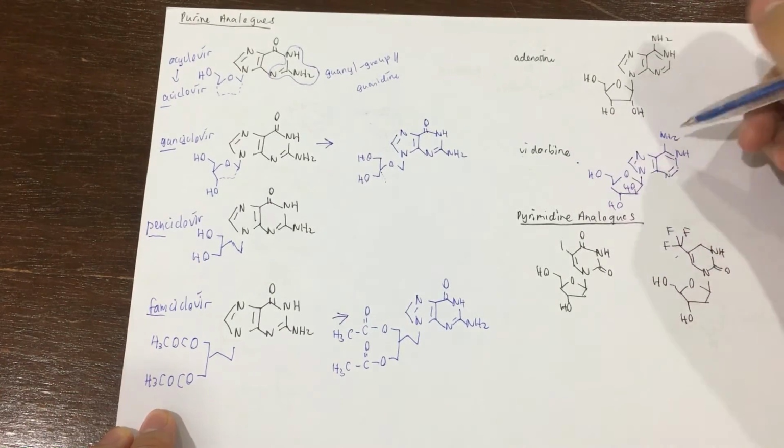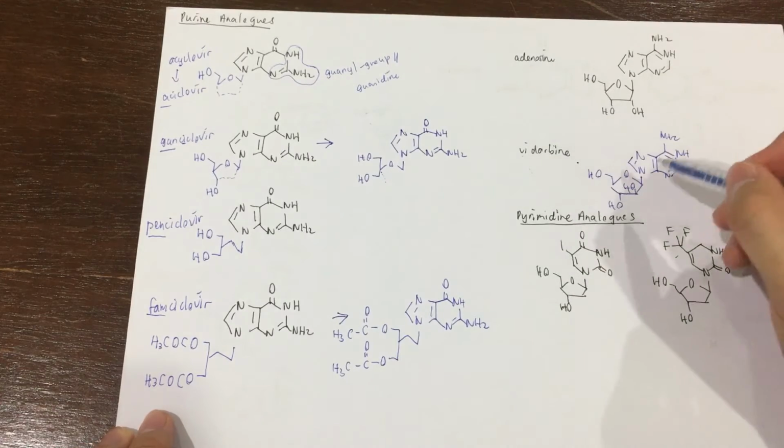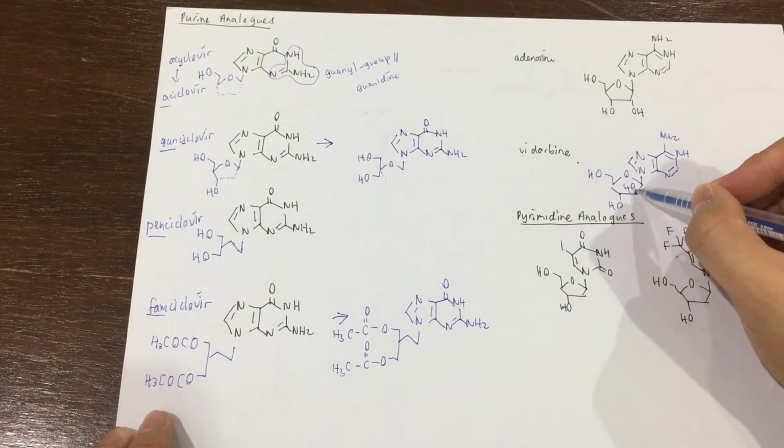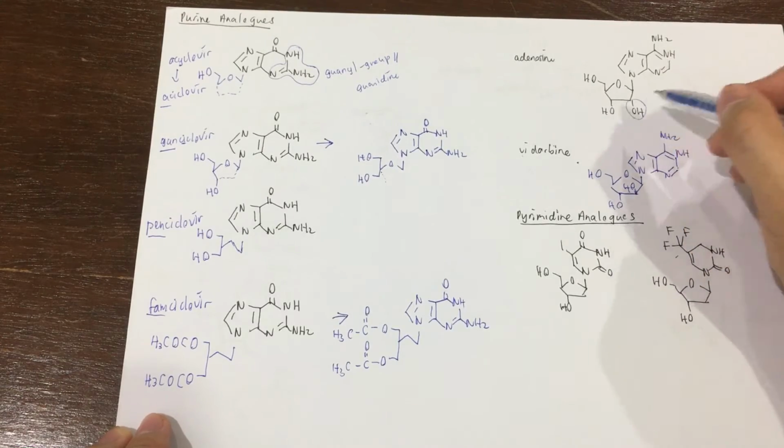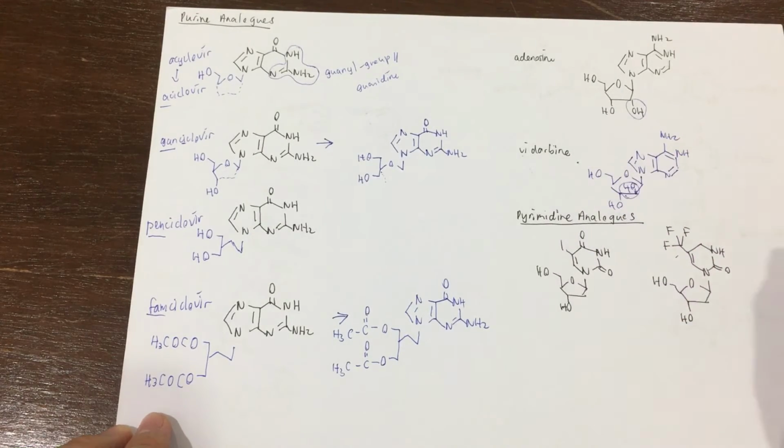Okay, pretty much similar, right? Except the fact that the OH here is actually upwards. Okay, note the difference here. So this is vidarabine, a purine analog, which is an adenosine analog, right?